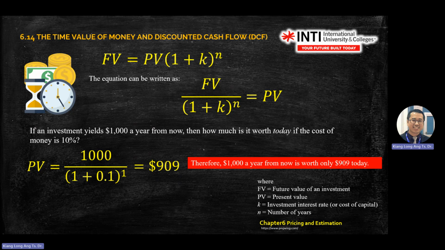Today, 909 equals the future value of 1,000, because you didn't take into consideration the interest rate. Like for example, since you like coffee, I use coffee.